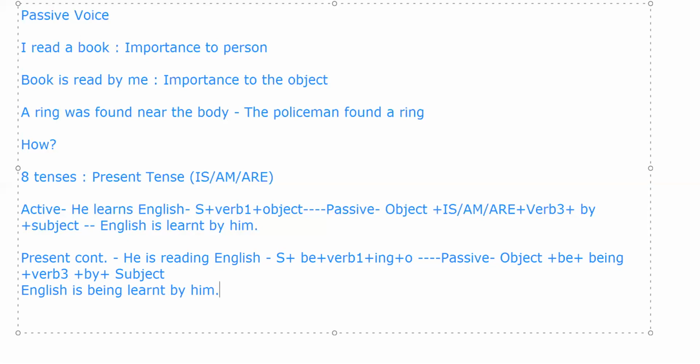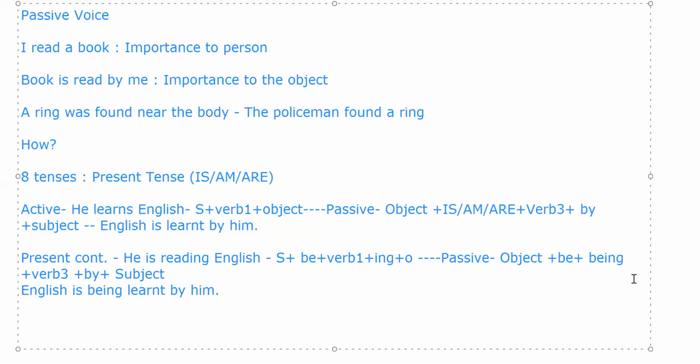So that is present continuous, and last is present perfect: he has read English. In this case, the present perfect formula is subject plus has or have with verb's third form plus the object.